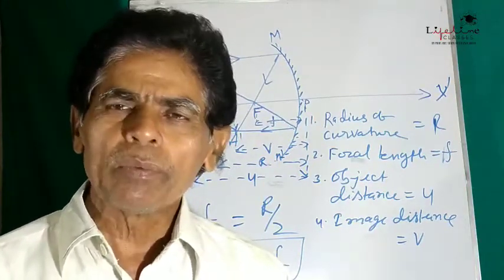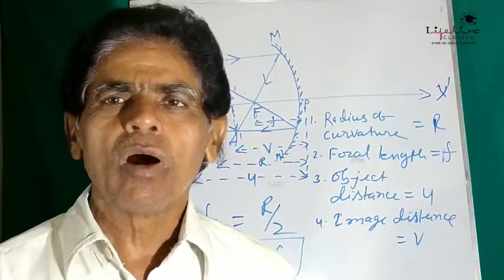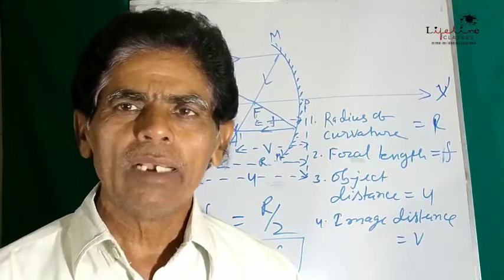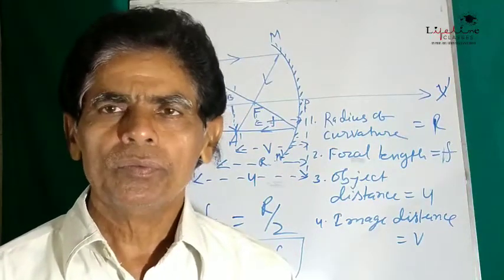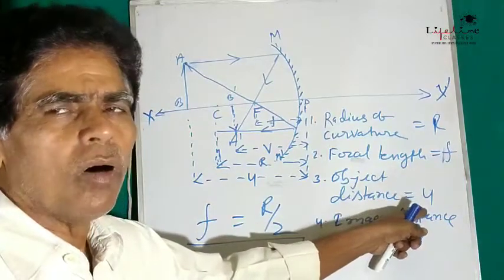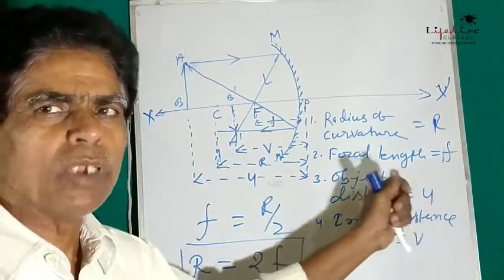So the distance between the object and the pole is called object distance. It is denoted by a small u.